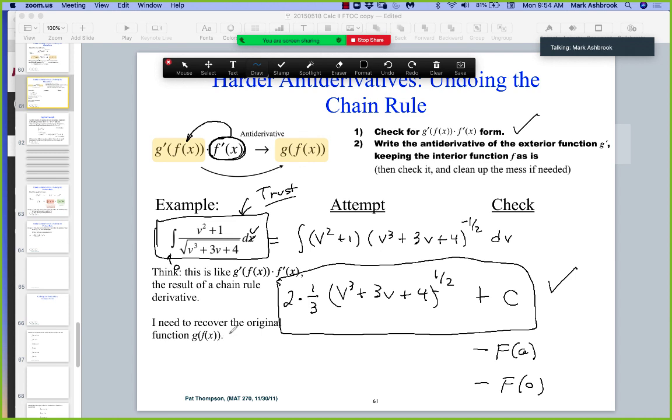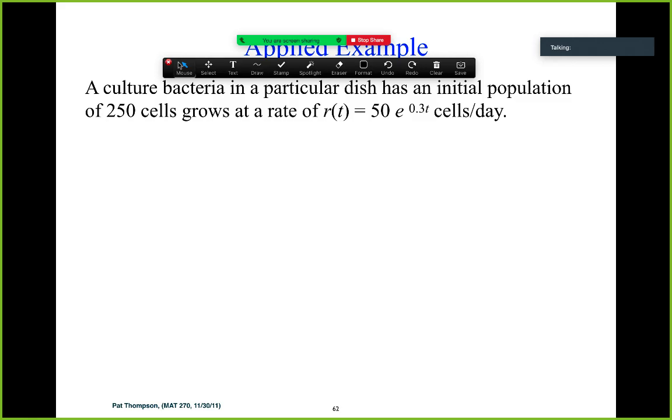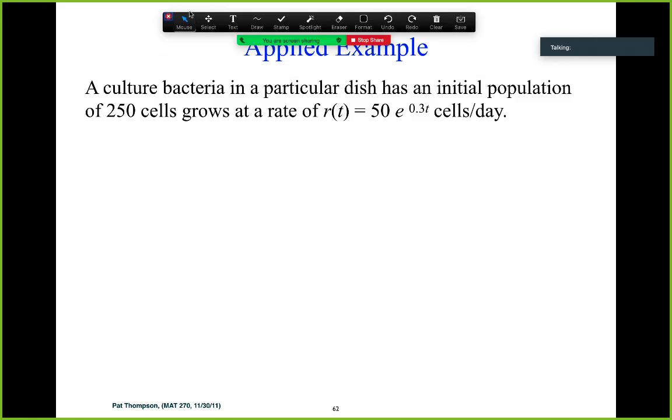Okay, so let's look at an applied example here and talk about total accumulation. A culture of bacteria in a particular dish has an initial population of 250 cells and grows at this rate, according to this function.